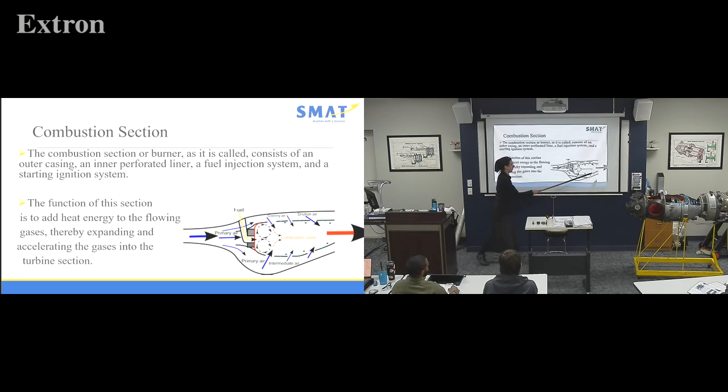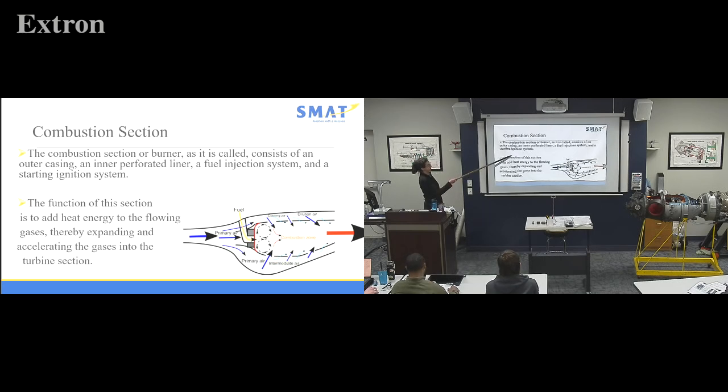Perforated liner, and then we are going to inject fuel in there if we need a fire to burn. So fuel, and then an ignition system. So igniters, glow plugs, we're going to talk about that later. So fuel and ignition, that's another lecture. We're going to go in depth on those, but just remember for now that the combustion section contains those components.